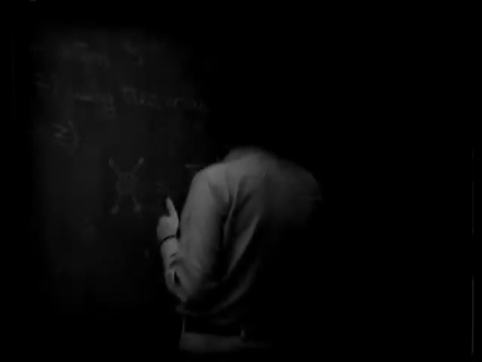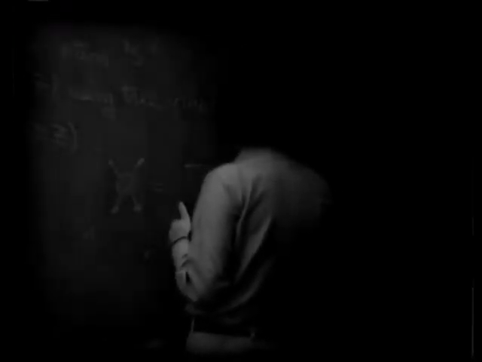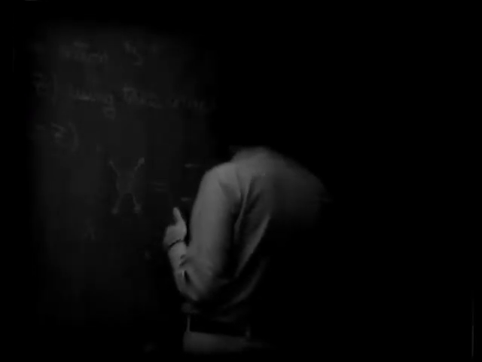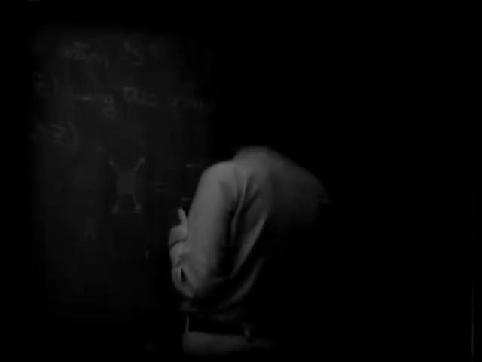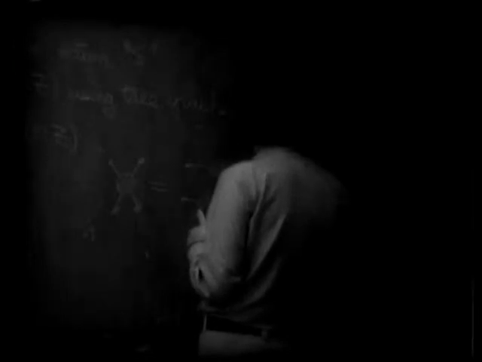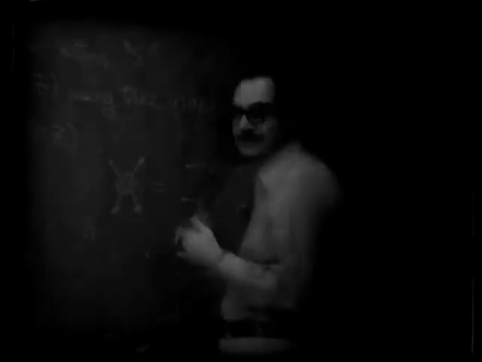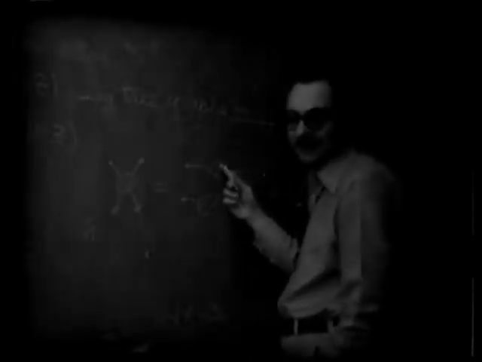Well, let's see. What have I got there? I've got some disconnected parts plus permutations. And those are, of course, what I would get in tree approximation in a theory in which the shaded blob was the exact propagator, to wit the theory under discussion.